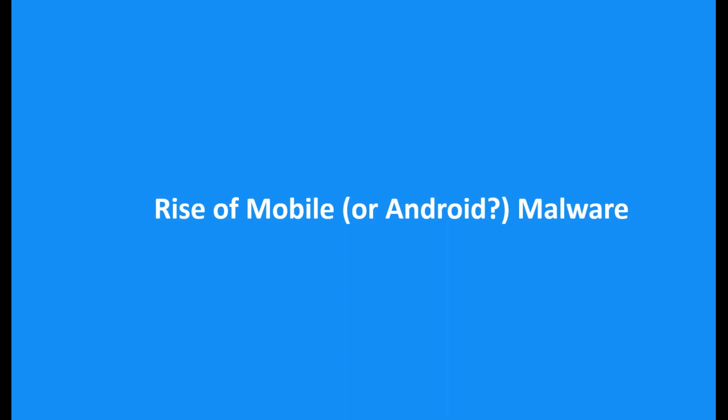It began with very primitive SMS Trojans, which were sending premium rate messages to different premium rate numbers. And now at the moment we see pretty sophisticated pieces of Android malware which are capable of doing a lot of things, and are far more sophisticated than those of 8 years ago.